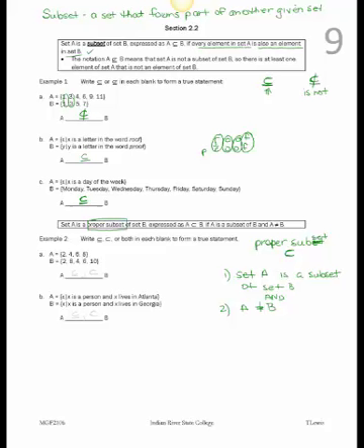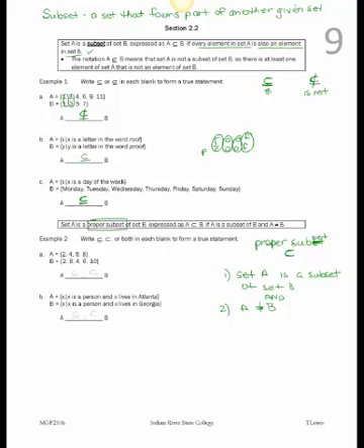So here we go. Example 2: write subset, proper subset, or both in each blank to form a true statement. For example A, set A is equal to {2, 4, 6, 8}. Set B is equal to {2, 8, 4, 6, 10}. My question to you is, is this a subset? Is every element in set A in set B?